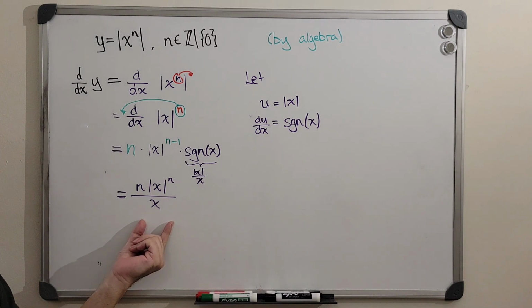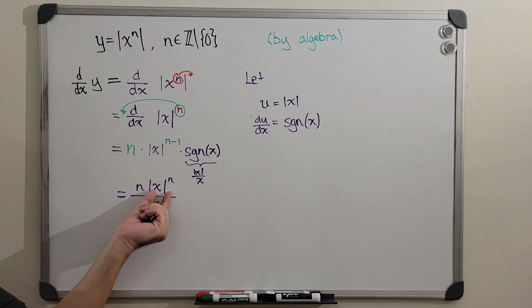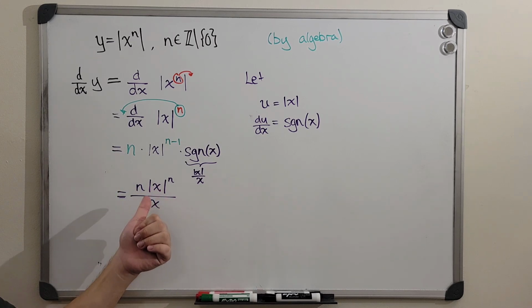Now, again, how do we tell what happened when x is equal to 0? When x is equal to 0, of course, when n is greater than or equal to 2, we know that we have more copies of x on top than the denominator. So after the cancellation, we also have enough copies of zeros here.